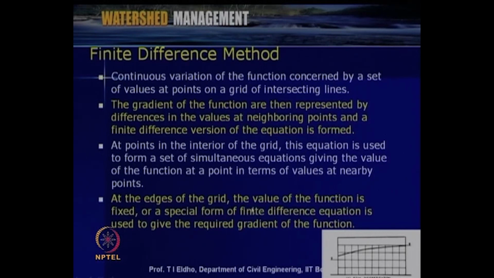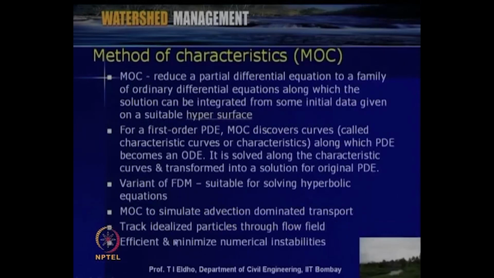At the edges of the grid, the values of the function are fixed, or a special form of finite difference equation is used to give the required gradient of the function. For example, if this is a free surface, in finite difference this is one of the disadvantages, but we use certain special types of approximations to deal with these kinds of irregular domains. So, that is about the finite difference method.